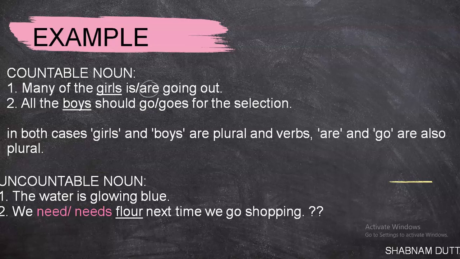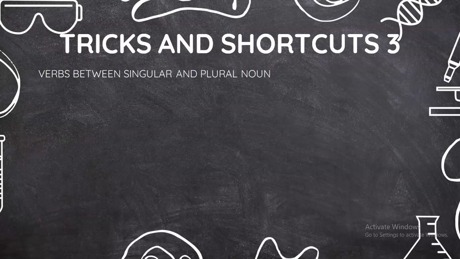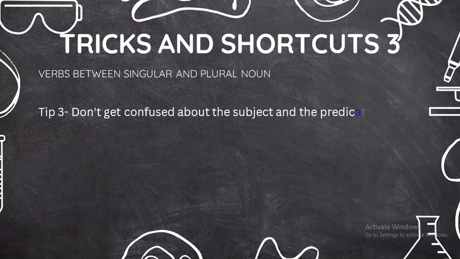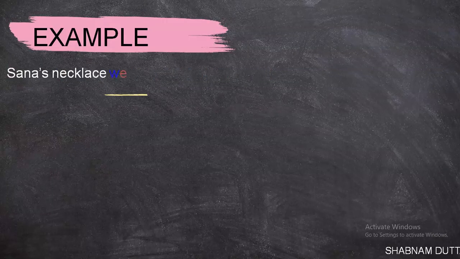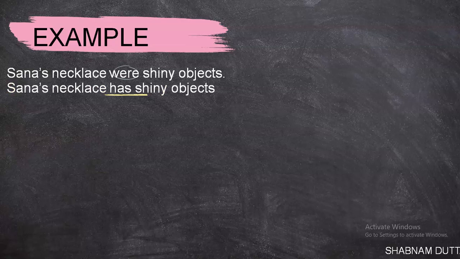Alright, now the third tip is not to get confused about the subject and predicate as it leads to word confusion. Remember, use question words like what or whom to identify the subject of a sentence, and the part which says what the subject is doing is the predicate. See these two sentences. "Sana's necklace were shiny objects" and "Sana's necklace has shiny objects."